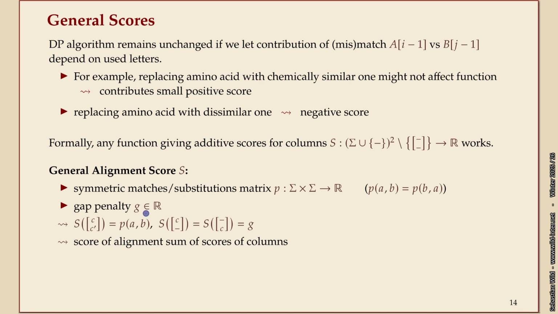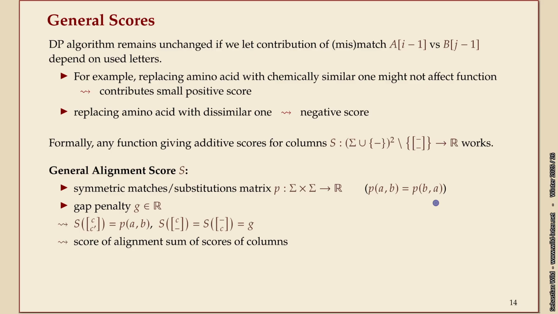Just to pick names for that, we can have a matrix that tells us if I'm replacing a certain character by a certain other character, what is the score for that? I'm insisting here that it's symmetric so that the whole alignment is symmetric to swapping A and B. That tends to be what biologists use.